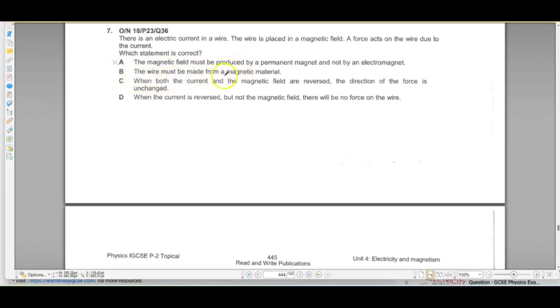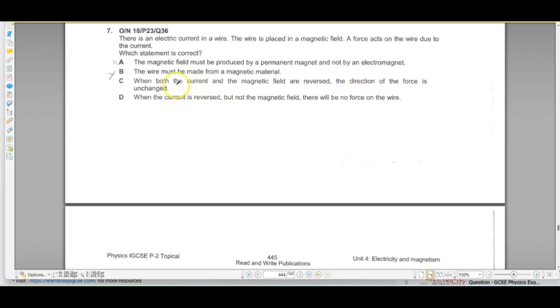The wire must be made from a magnetic material. No, that is not true. Copper is a diamagnetic material and wires are made with that, and they produce magnetic fields due to the current that they carry. When both the current and the magnetic field are reversed, the direction of the force is unchanged. Yes, that is true.